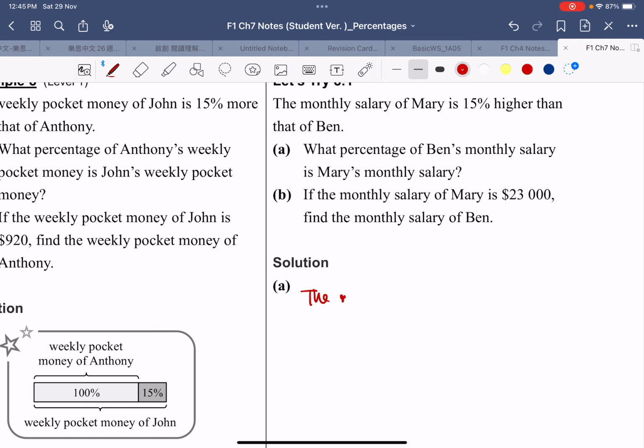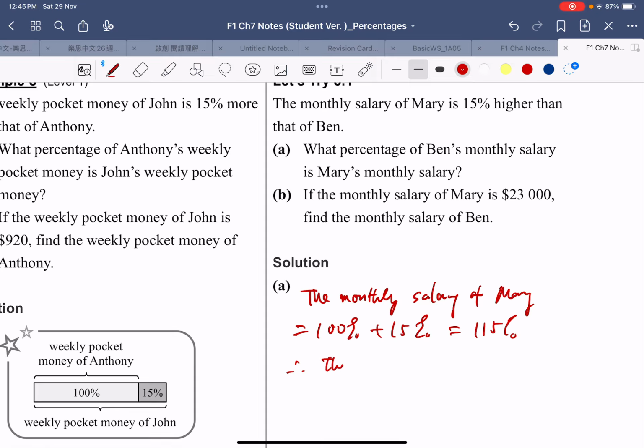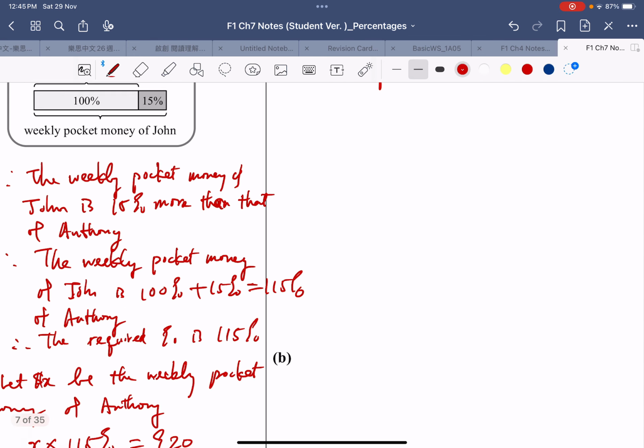The monthly salary of Mary equals 100% plus 15%, just like before, equals 115%. Therefore, the required percentage is 115%. Move on to B.